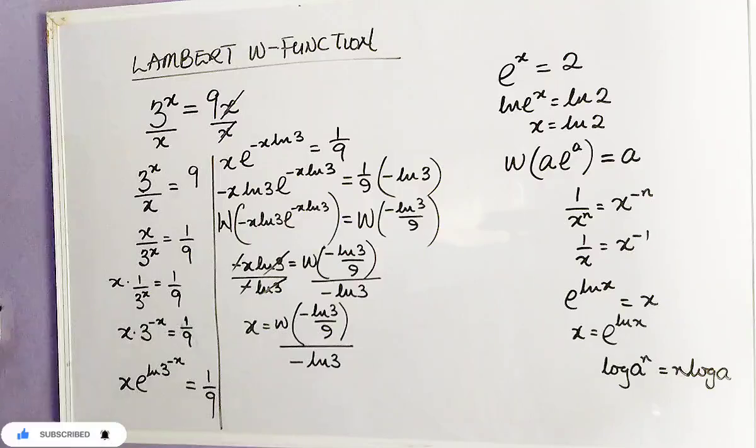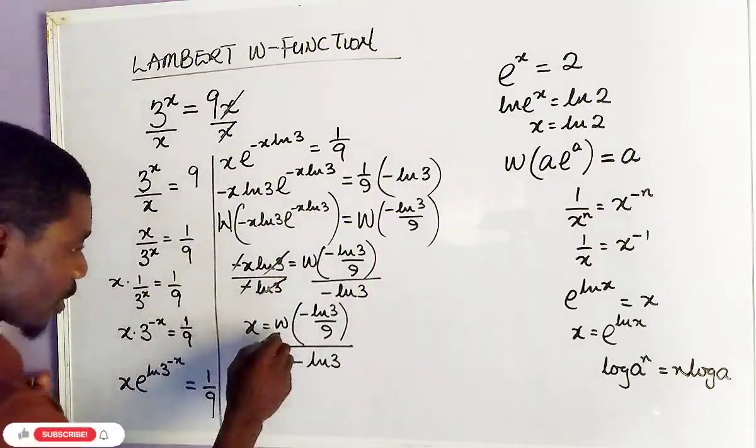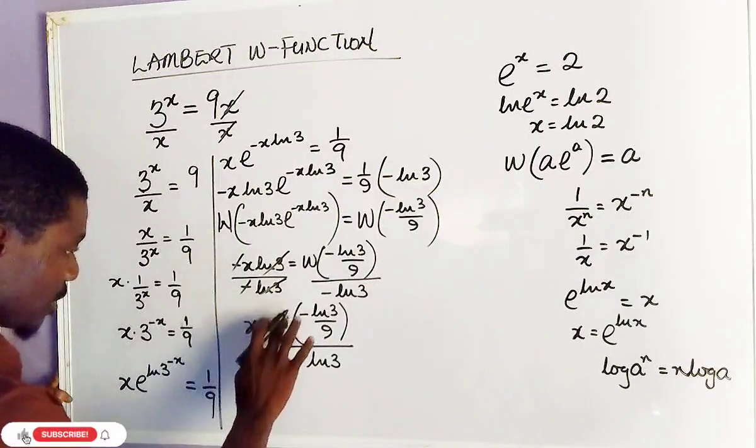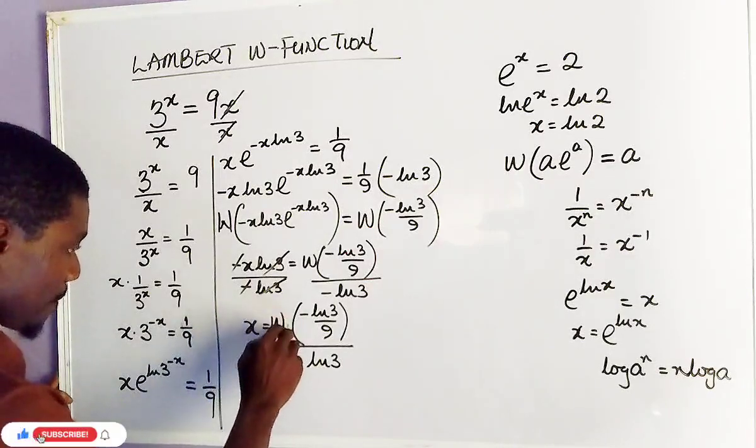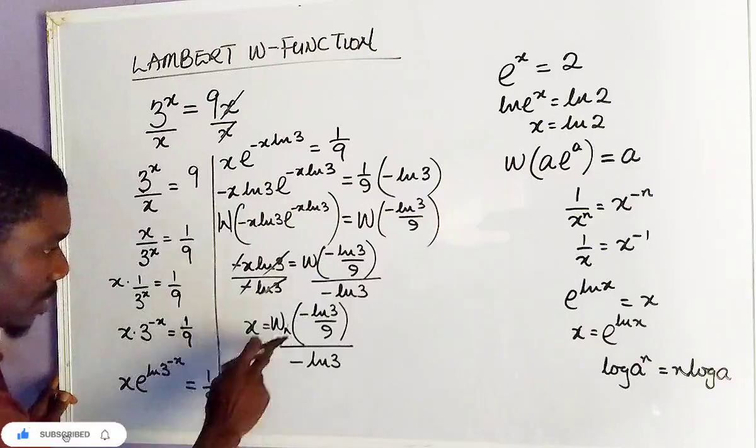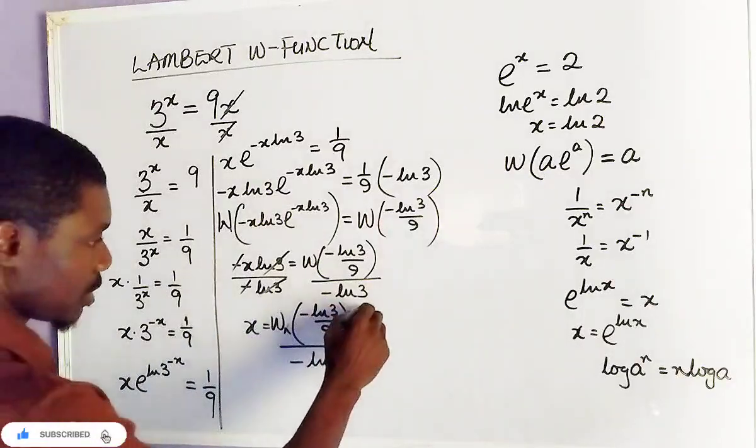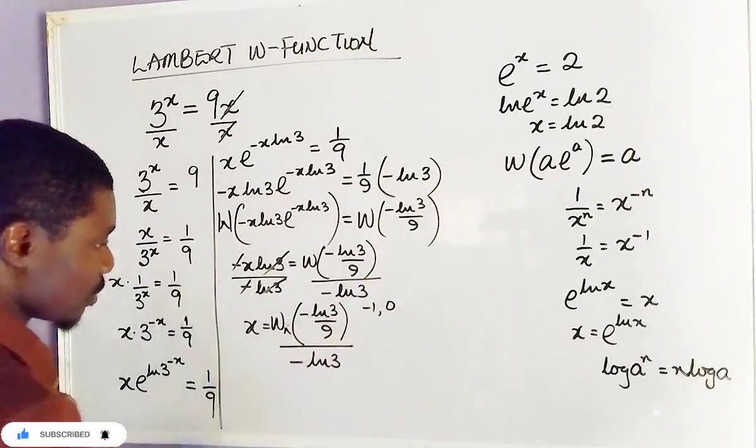Okay, to find the value of this, take note, our W here, our n is -1 or 0.